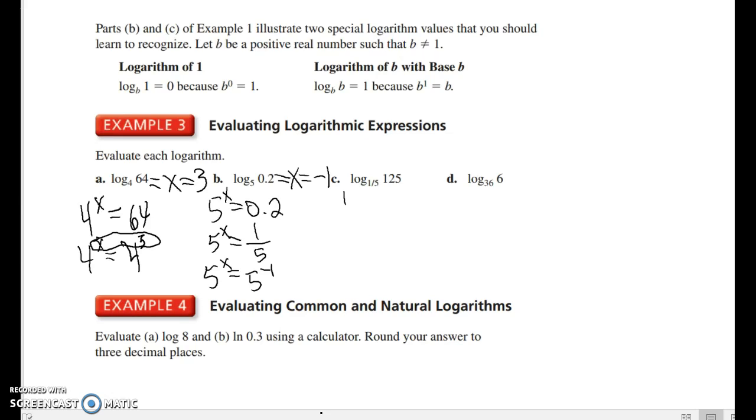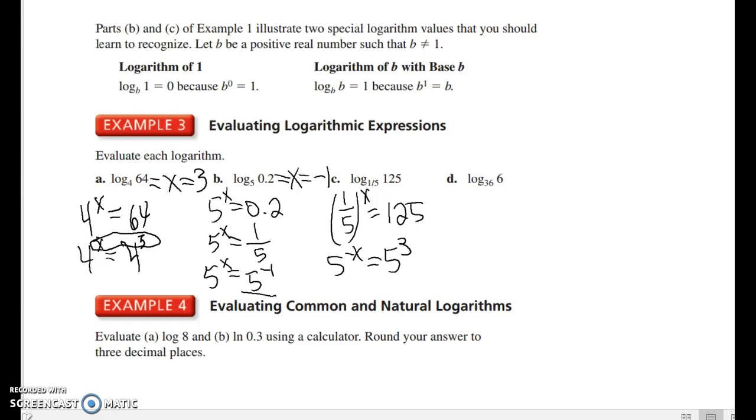For this next one, I'm going to have 1/5, that's my base, to the x equals 125. So for this one, it's a little strange, but I want to change this 1/5 to 5 to the negative 1 like I did in part B. And I'll have 5 to the negative 1x equals 125. 5 to what power?